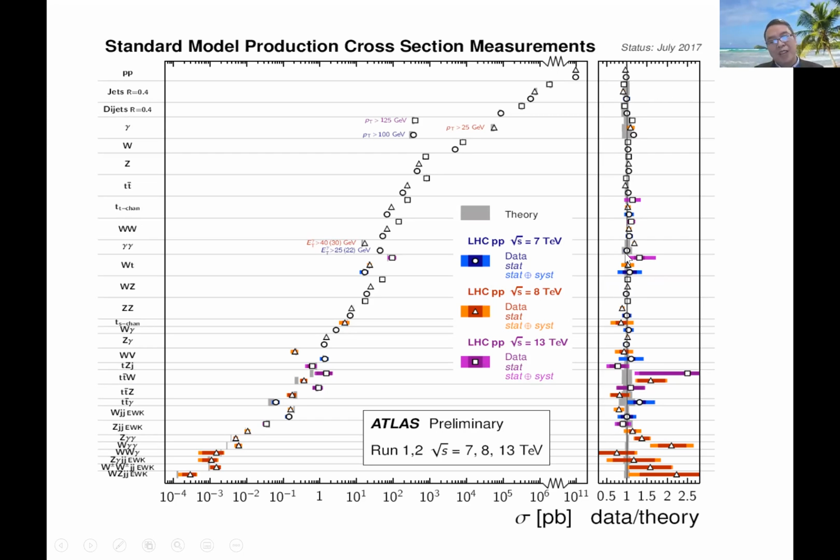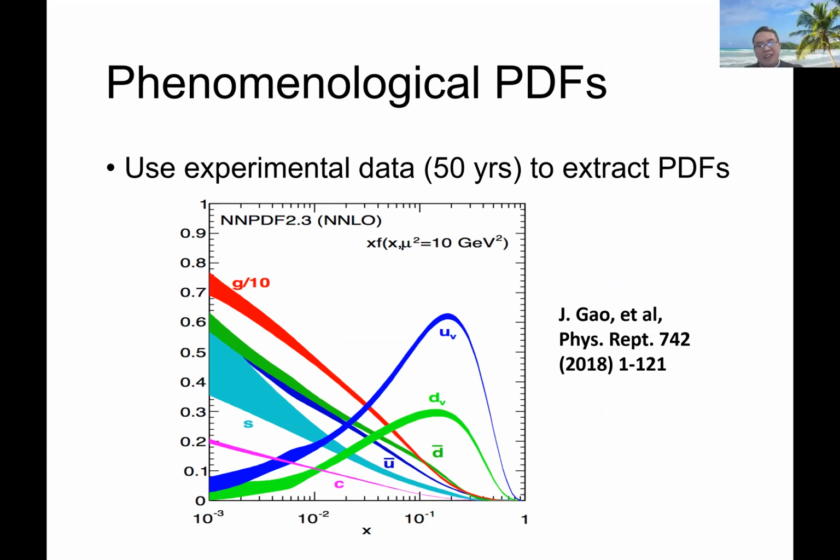And so that's why I said this is a great success of the standard model, but only partially, because in those predictions, the Parton distributions are not calculated from the standard model or from QCD. In fact, they're obtained from phenomenological fits to cross sections. And people have been doing this for 50 years.